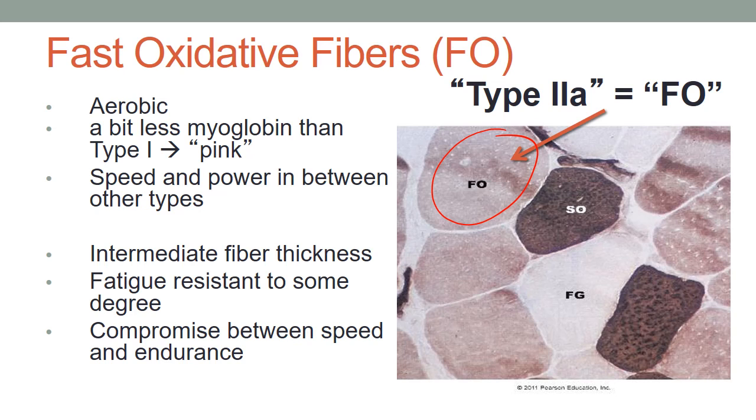Because it's got all that myoglobin and because it's oxidative, it's fatigue resistant to some degree, but you can still wear these out. So this is more your mile runner's muscle. This is the person who can maybe run a 5K, but the 10K starts to wear them out. Or not the person, but the muscle fiber that can run a 5K, but the 10K starts to wear it out.